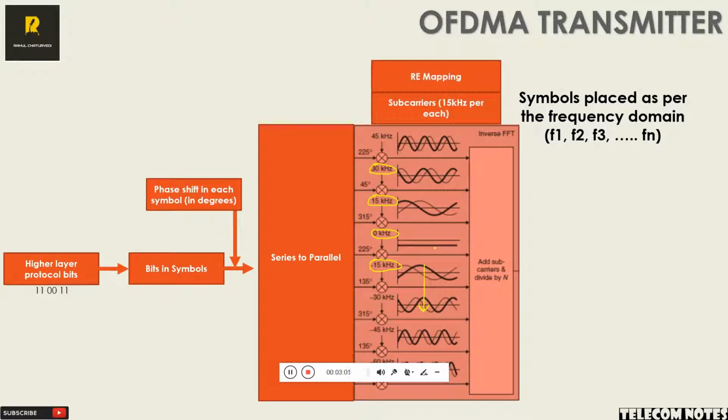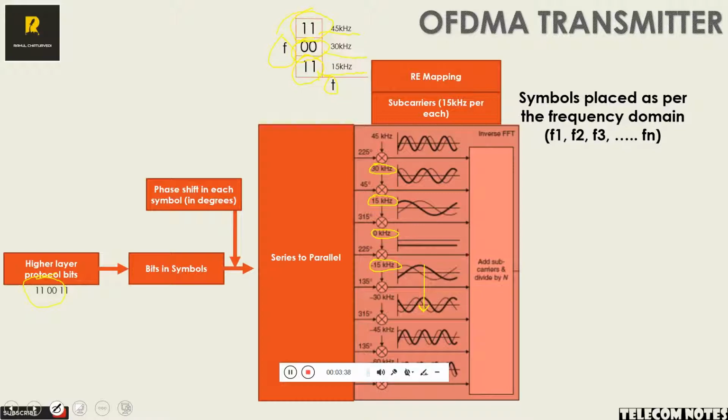After that, you can see it's RE mapping, resource element mapping, with a subcarrier spacing of 15 kilohertz each, as I have told you. Here this one is the frequency and this one is the time, in which I have taken an example: 110011, placed at 45 kilohertz, 30 kilohertz, and 15 kilohertz.